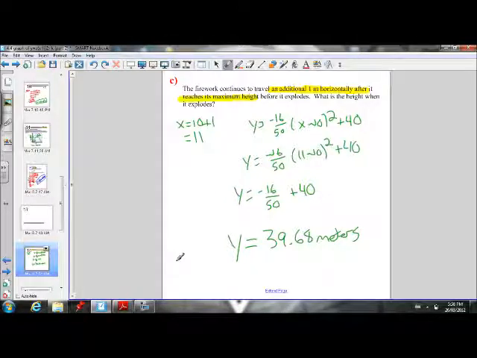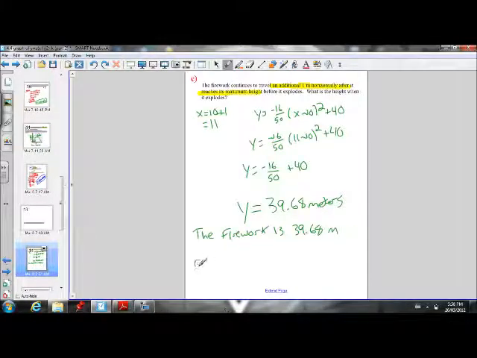So the firework is 39.68 meters above the ground when it explodes.